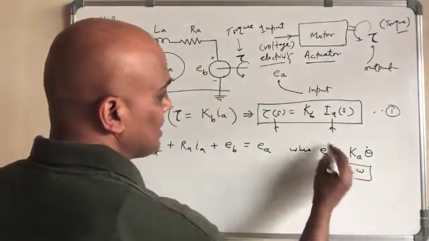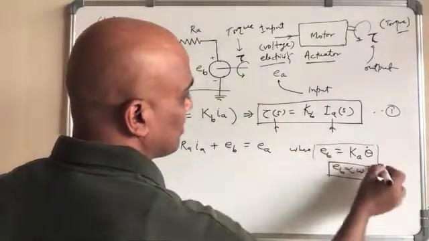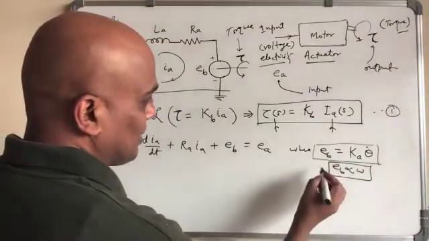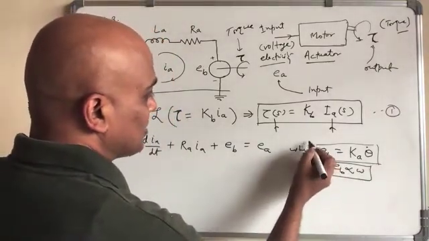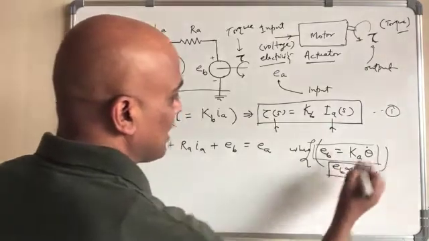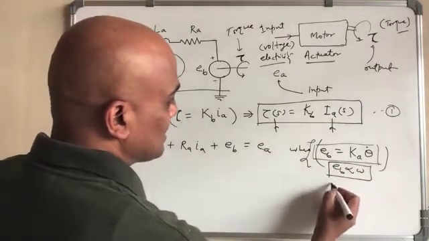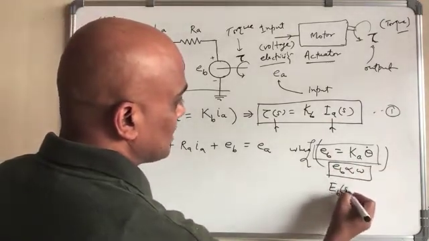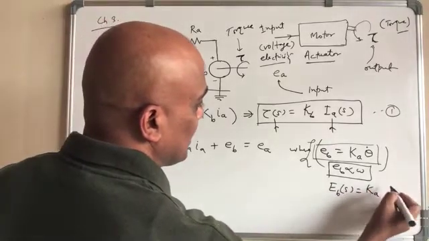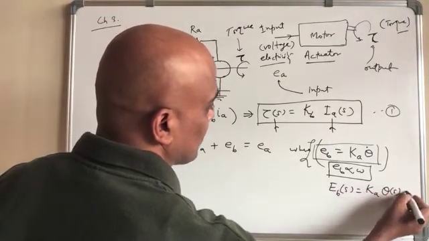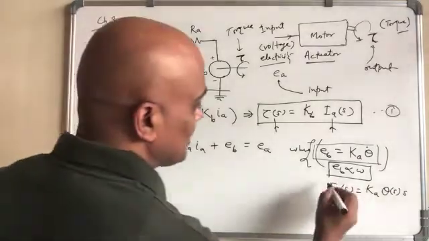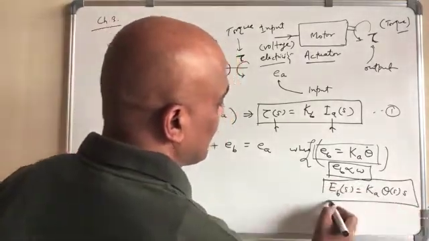Hence this is one thing we have, and we can do the Laplace transform of that also. What we will get is Eb s equal to Ka times theta s times s. So this is another relationship we have.